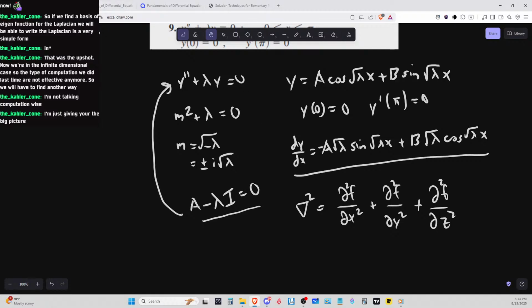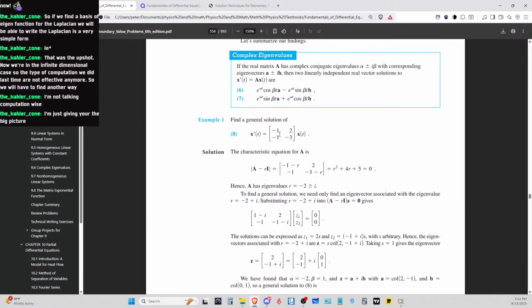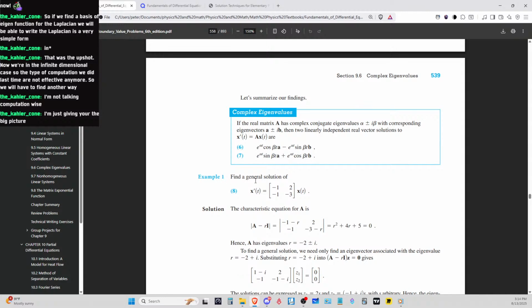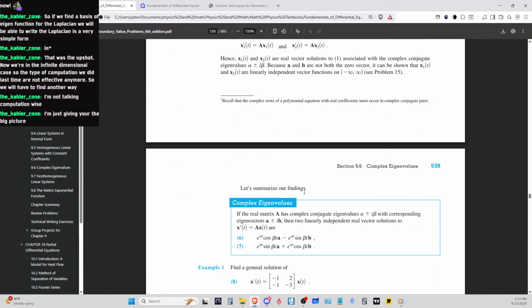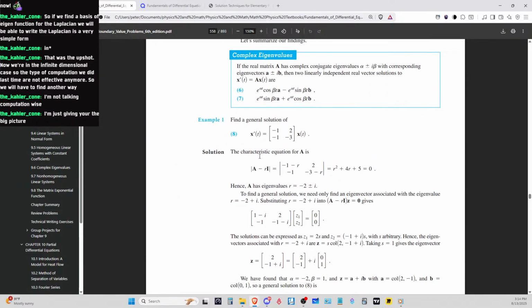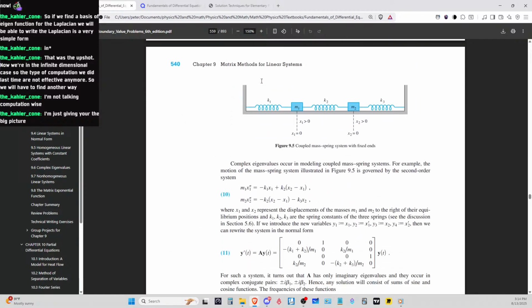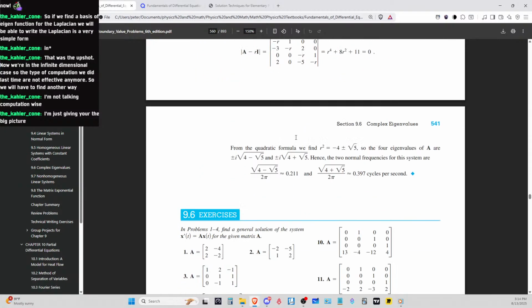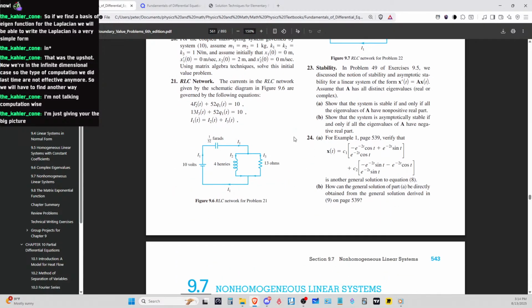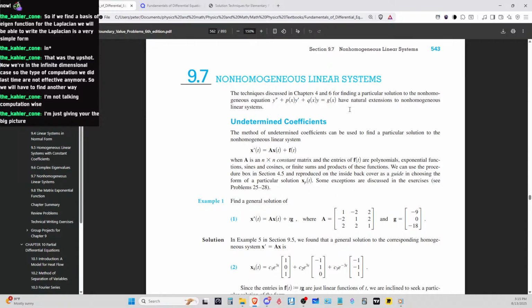Now, how do we get started with this type of problem? Let's see here. Okay, find the general solution of... so this one, they actually give you a matrix. Maybe there's a way to actually figure out how we can form a matrix in this chapter. Oh no, this is just purely linear algebra stuff. Non-homogeneous linear systems.